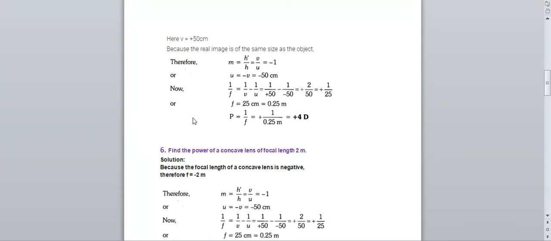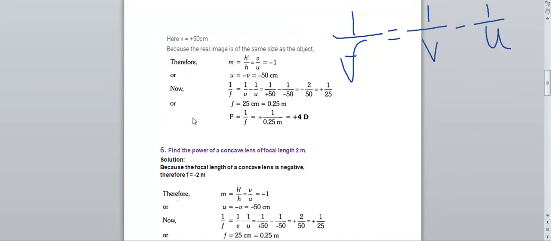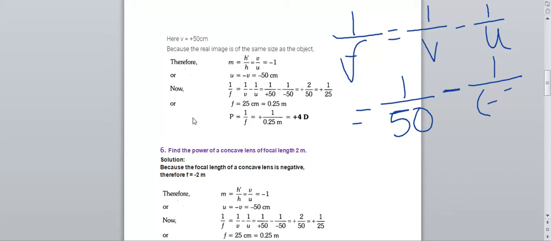Now we have to find the power of the lens also. For finding the power of the lens, we need the focal length. For that we will use the lens formula, 1 by f is equal to 1 by v minus 1 by u. So 1 by v value is 50 and u value is -50.